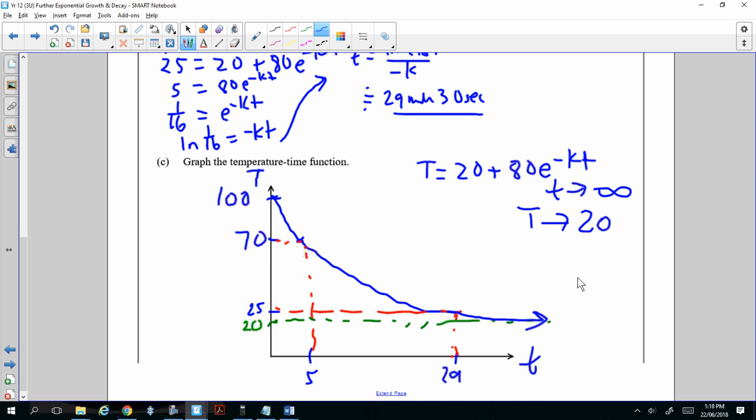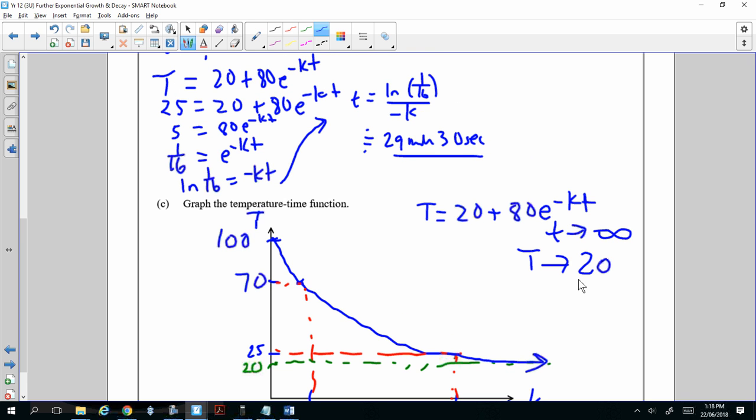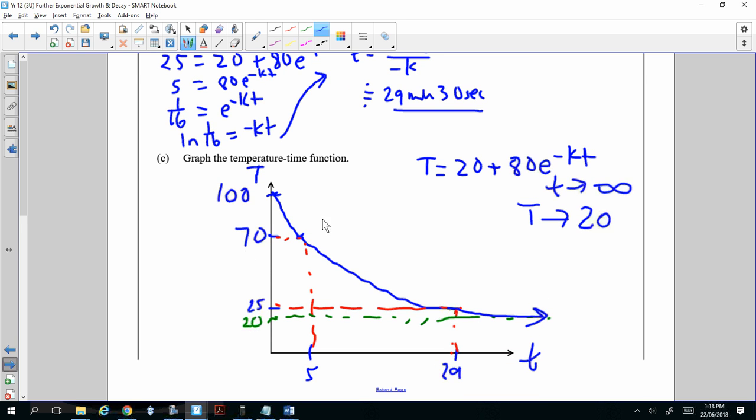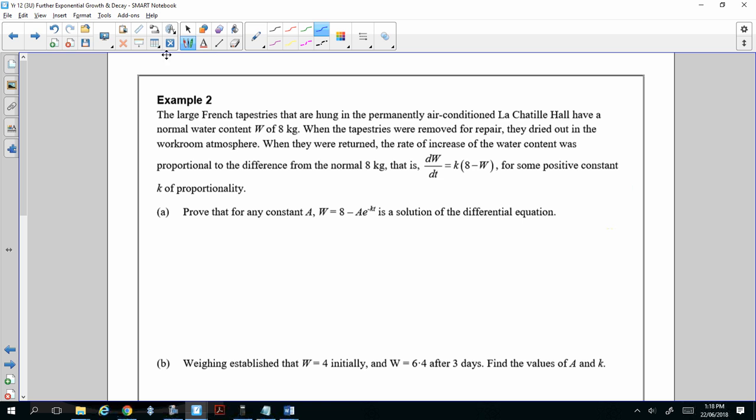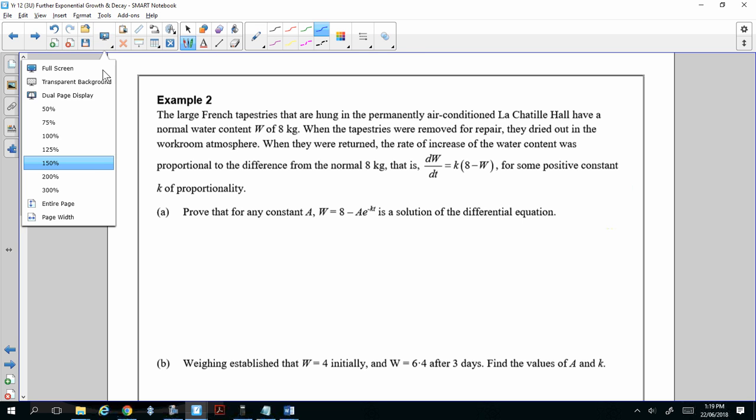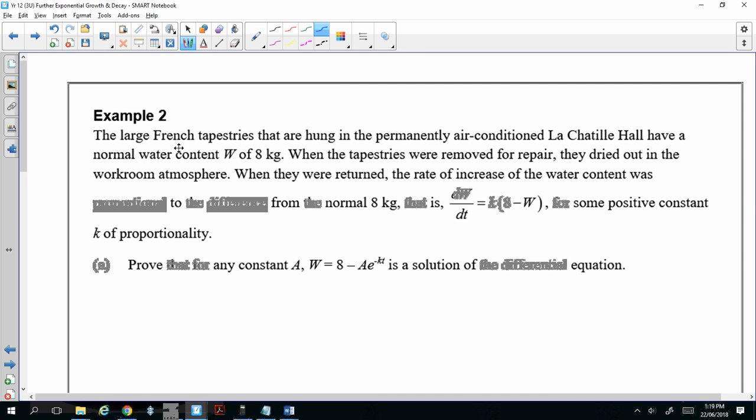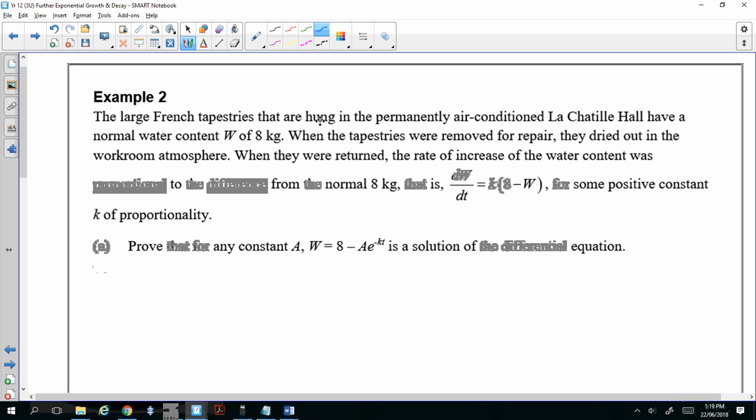Example 2. All right, let's look at this. A large French tapestry that is hung in the permanently air-conditioned La Chatelle Hall has a normal water content of 8 kg.